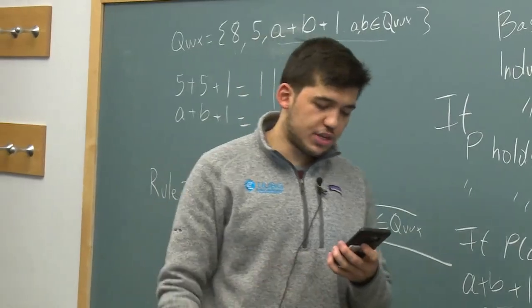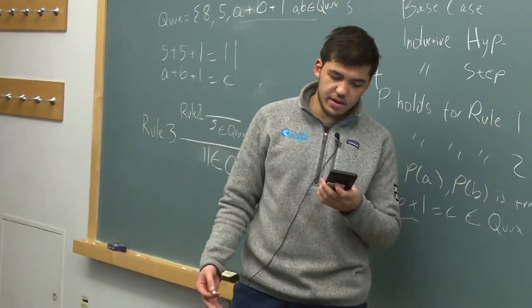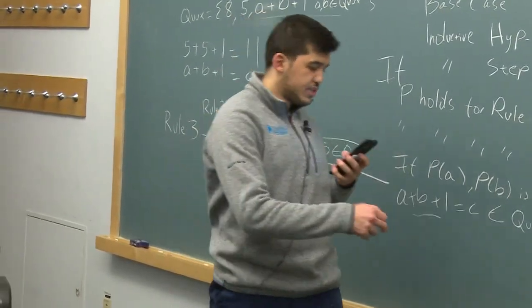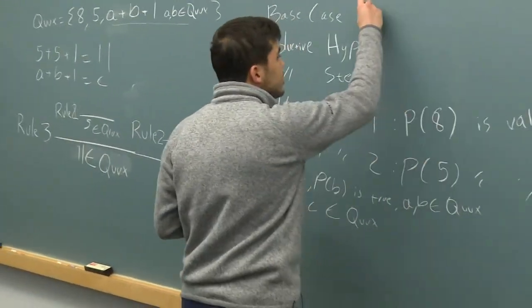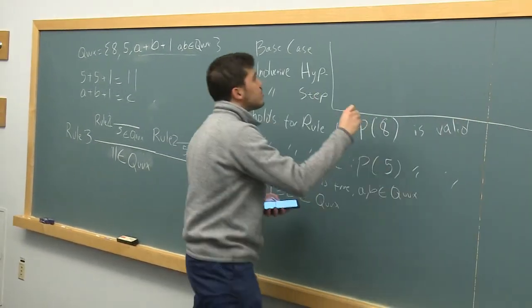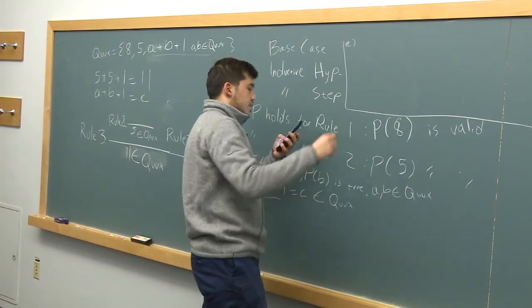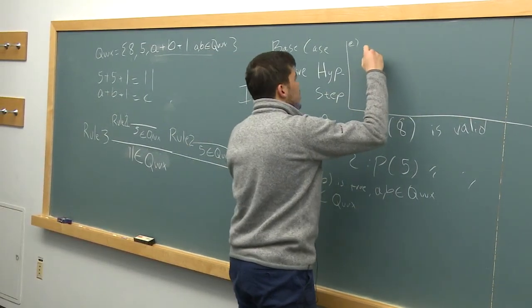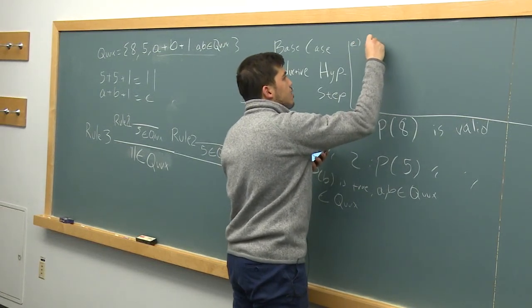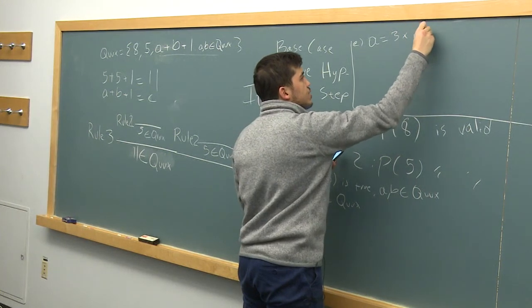As we're doing our proof by induction here, we would be basically proving the fact that our property A, this is getting quite messy. Let's just do this for E. We'd be showing that A, first of all, is equal to 3 times I minus 1.